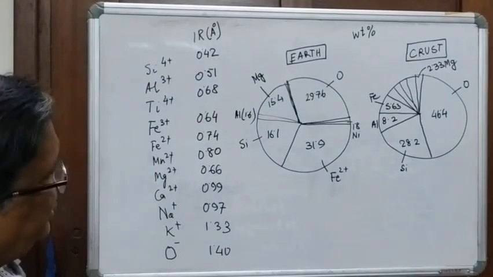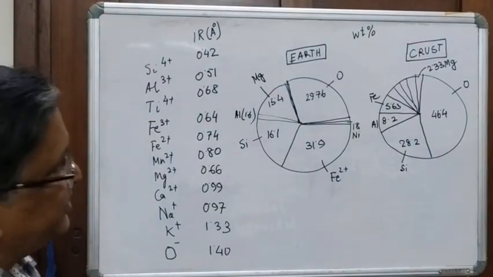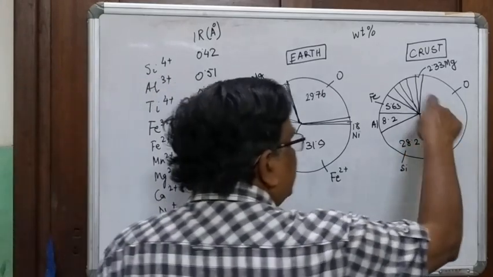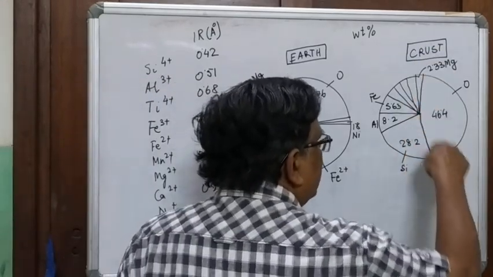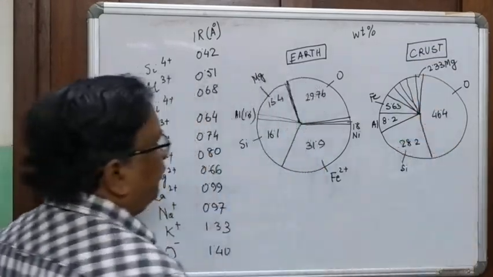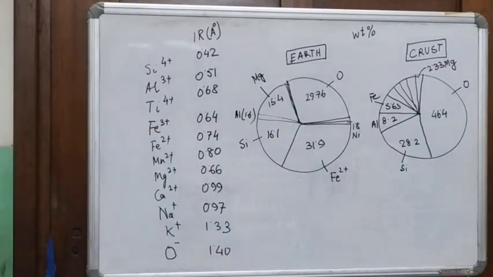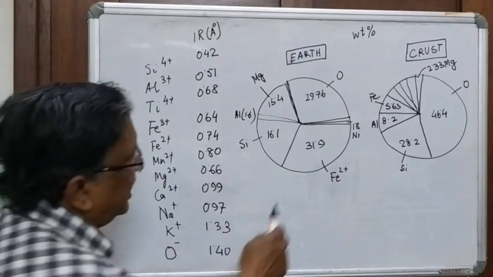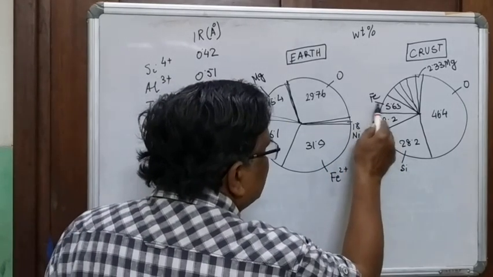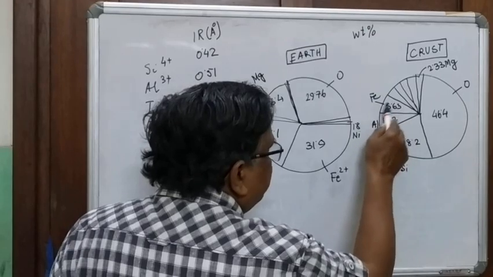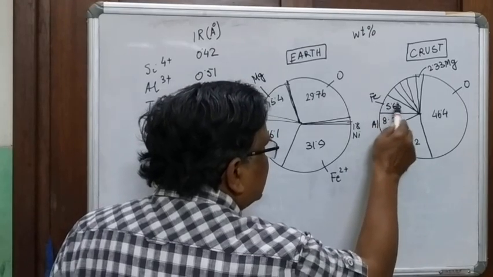You can see there are major differences. While oxygen in the crust is 46.4, the value comes down to 29.6 for the whole Earth, a drop of 15 weight percent. And the very high increase is that of iron, which is 5.63% in the Earth's crust.